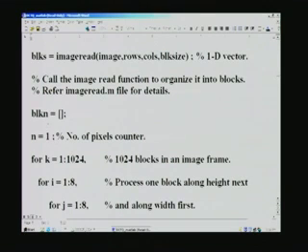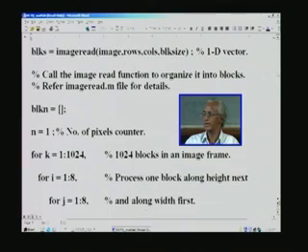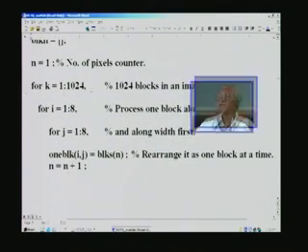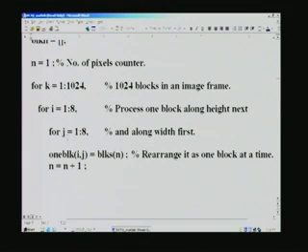We initialize a variable here, a pixel counter, and these are all C-like structures. You have a for loop here, with start and end points for k, i, j. The innermost loop is this one, and what we are trying to do is convert a raster-scan order image into blocks. For that we need 2 dimensions, i and j. There are 8 by 8 pixels, therefore it is 1 to 8, 1 to 8.